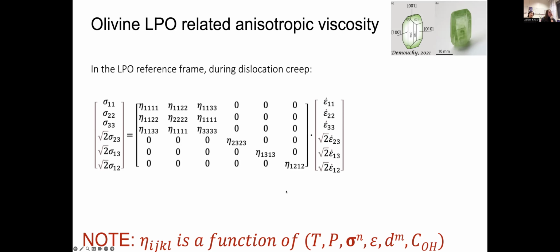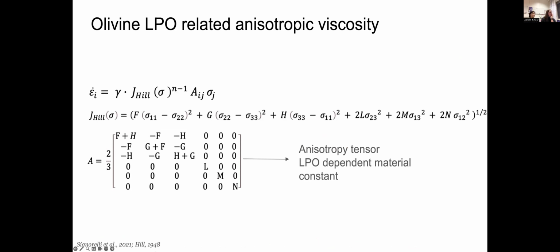And this has been shown by the group of Montpellier, that you can actually reverse this and use the so-called Hill yield plasticity to take out the stress dependency of the viscosity, or in this case, because we invert everything, here we have the strain rate equal to fluidity times stress.